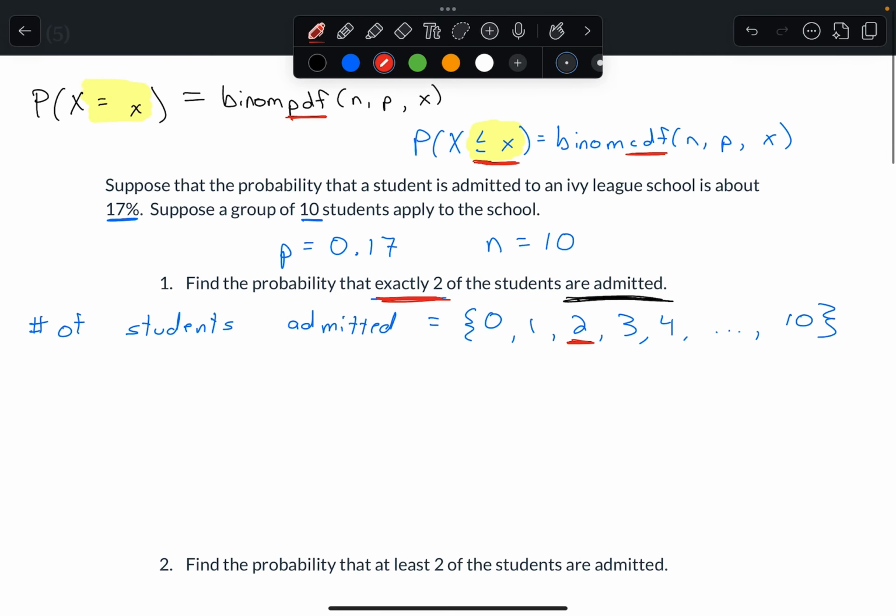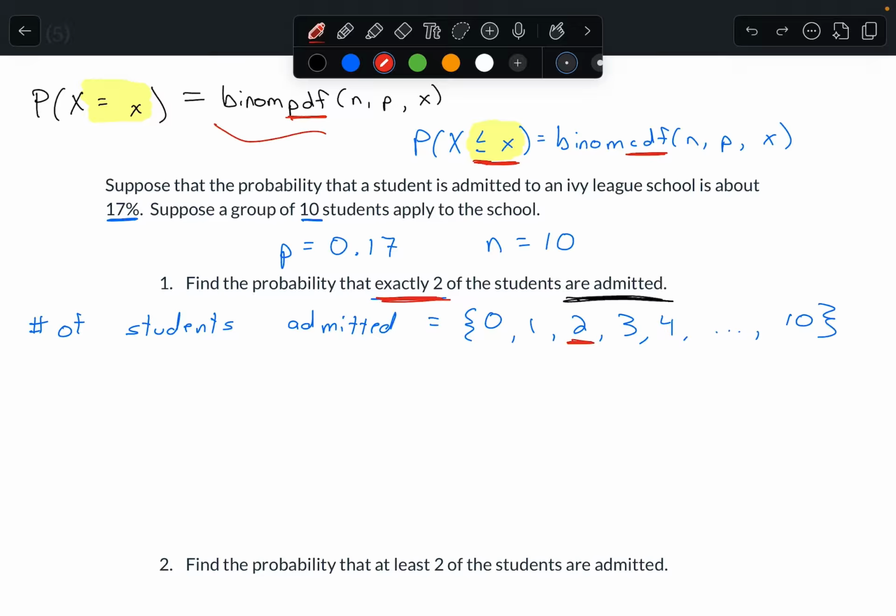So that means I'm going to be using this binomial PDF function up here. I like to write out the actual syntax of what you're going to tell the calculator, and this is particularly helpful if you have an old graphing calculator. We already know P is equal to 0.17 and N is equal to 10.